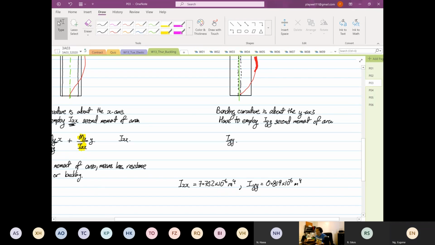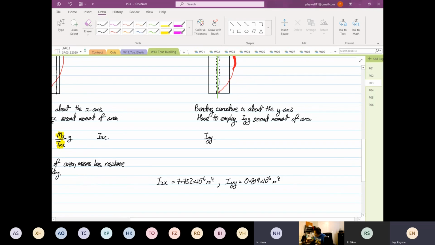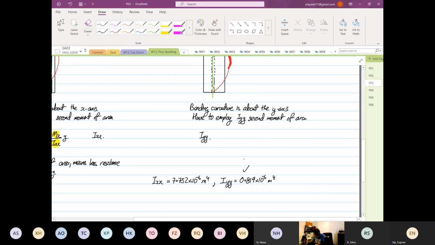Now, question for all of you. How will it buckle? Anyone? Yeah, IYY is smaller. Exactly. So you choose that. Buckling will occur with the smaller second moment of area.